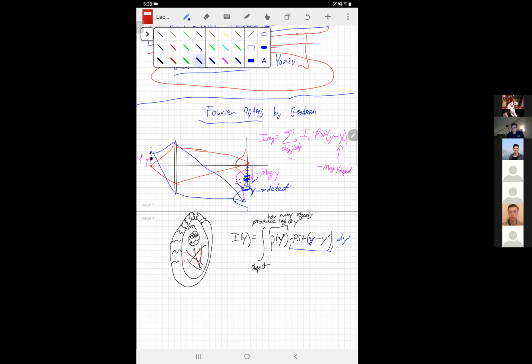I add that in. Then I say, now how many things are producing an image centered right here? And that's this row. How much light will they send to a point over here at y? Again, PSF evaluated with this y minus this y prime. Any questions?